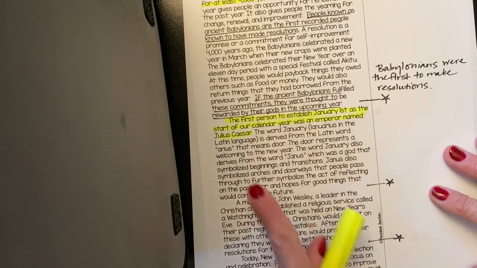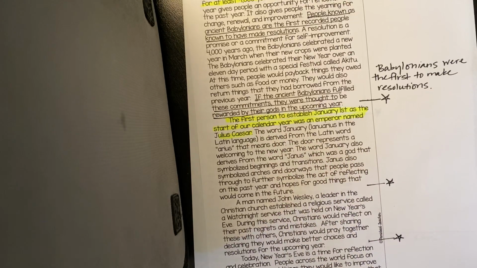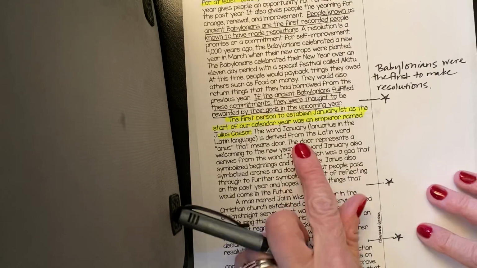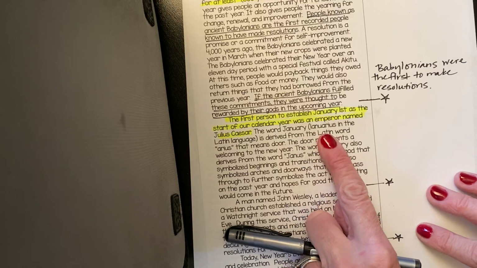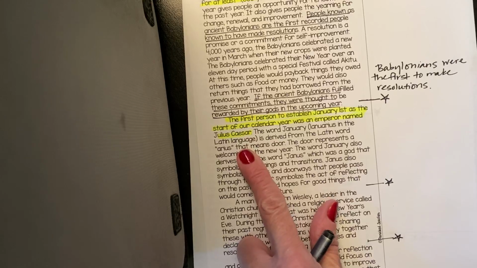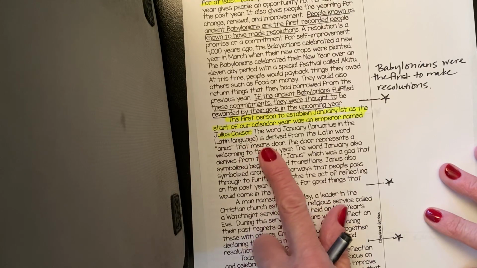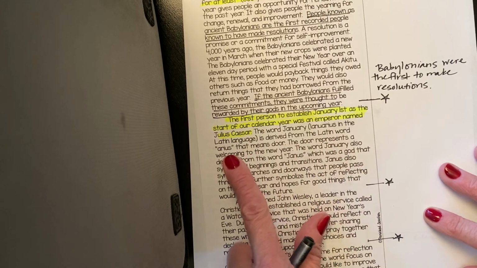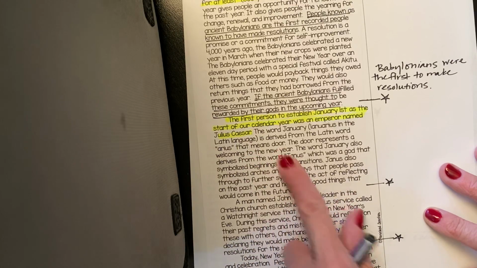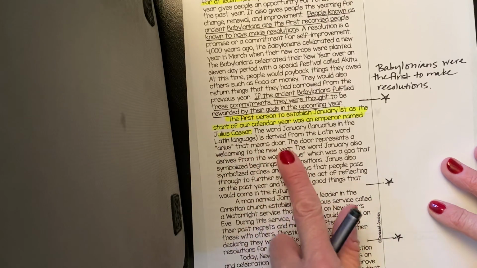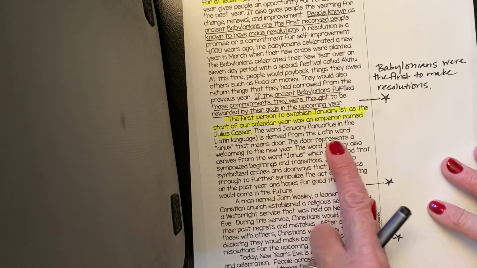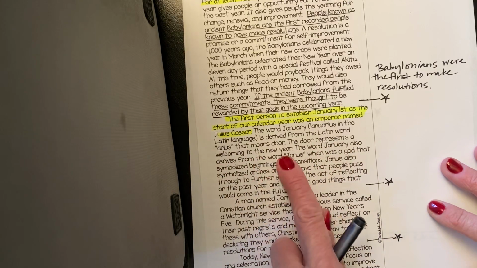Now we're going to look for details that support that topic sentence. The word January, Januarius, that's the word in Latin. It's derived from the Latin word Janus, which means door. That's interesting. That's a stem that means door. The door represents a welcoming to the new year.